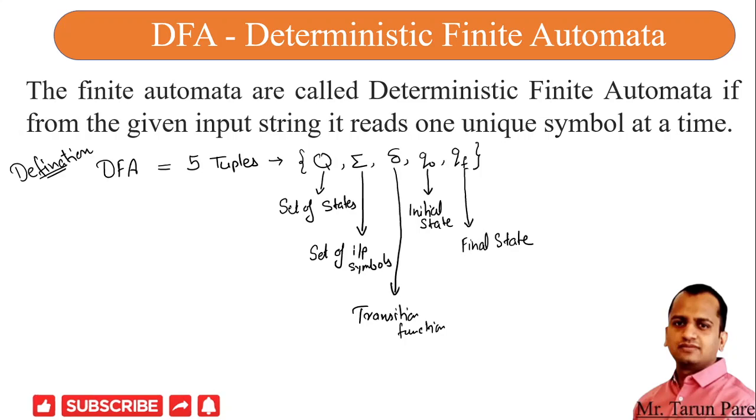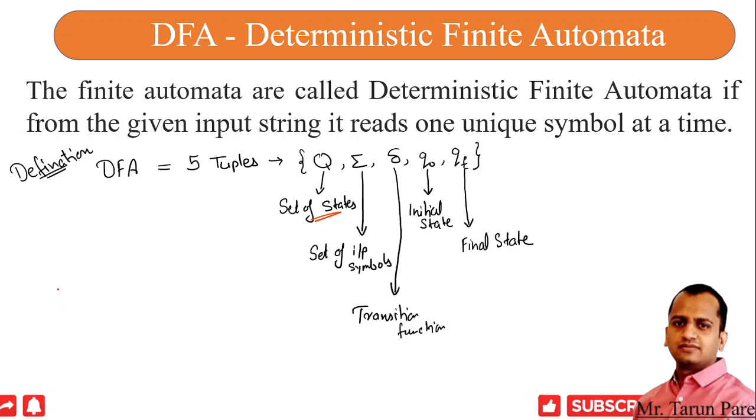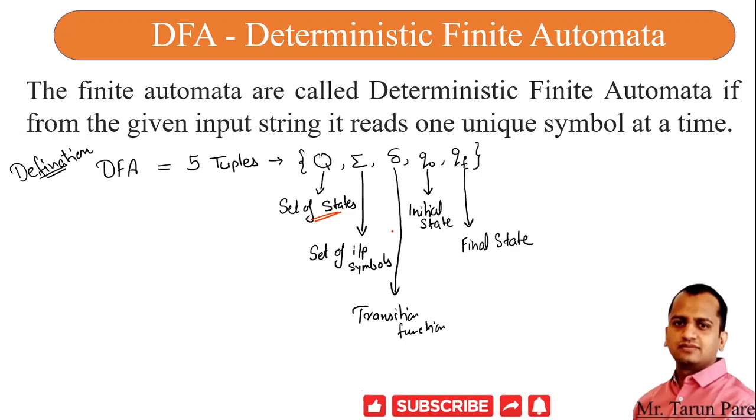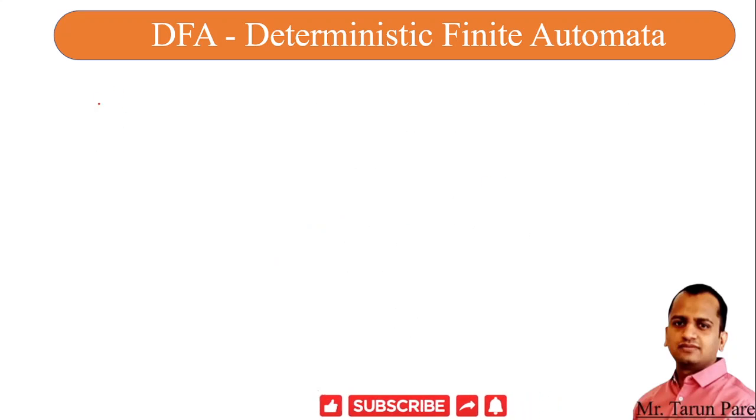Now, what do you mean by these states? See, whenever you give input, those inputs will switch from one state to another state. Before that, let me explain how you represent the state. There is a circle, and if the circle is indicated by a single arrow, this is the representation of the initial state.